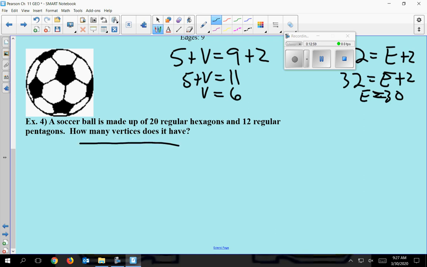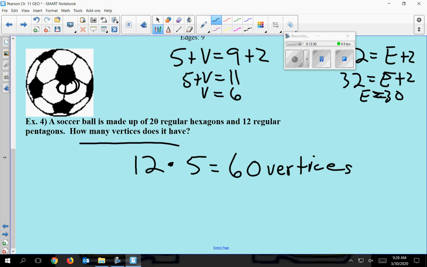I can't match a pentagon onto a hexagon, but I can relate the hexagons onto pentagons. So I have 12 pentagons, each with 5 vertices. That would get me 60 vertices. If I was sewing this thing up, there would be basically 60 corners. That's where all these come together, and that's a vertex in that case.